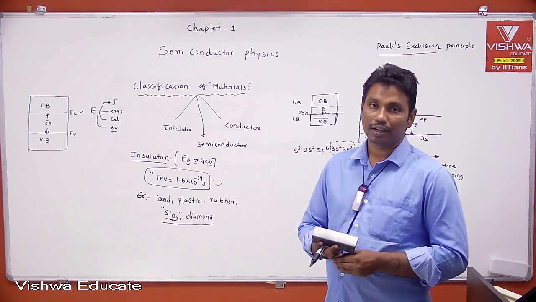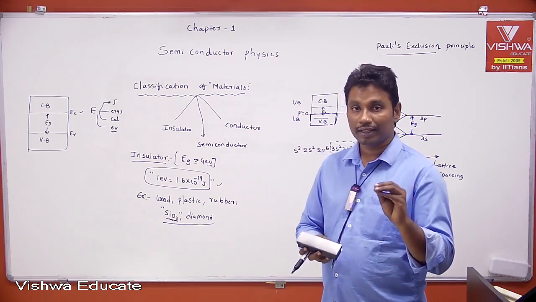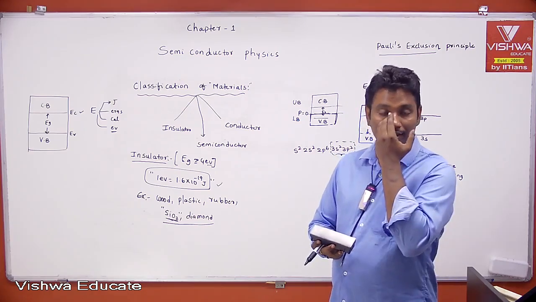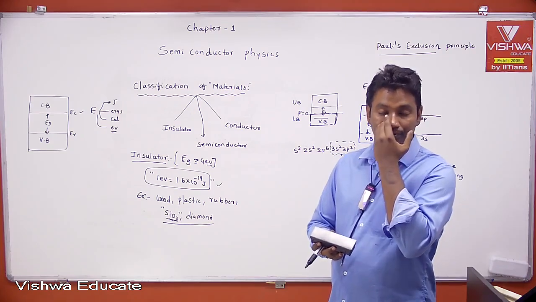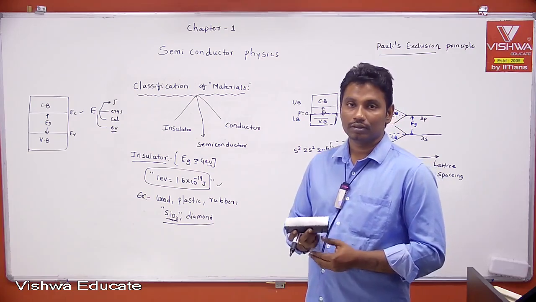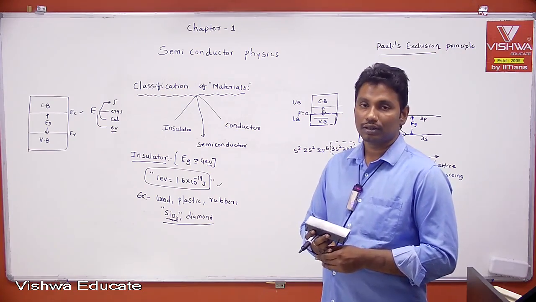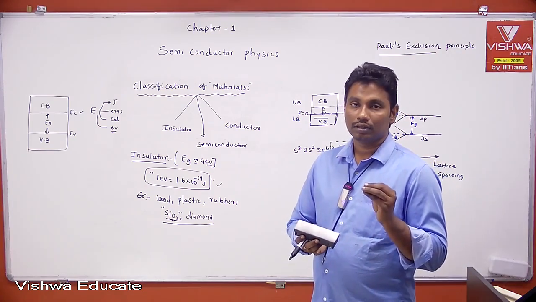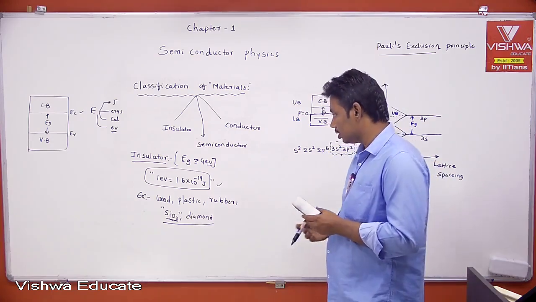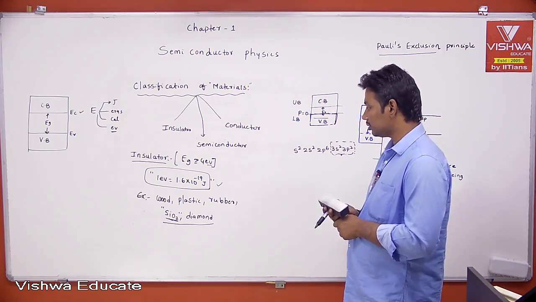Hence, the material acts as an insulator. Example. Write down these examples: wood, plastic, rubber, SiO2 and diamond.